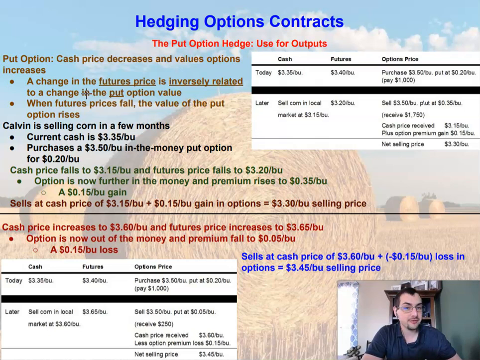But hopefully if the futures prices are going up, we're making up for that loss in the options market by a gain in the cash. But if the prices of the futures go down, for example, and we're losing money in the cash, the value of the option is going to be going up, and we make up for that loss in the cash with the gain in the options.